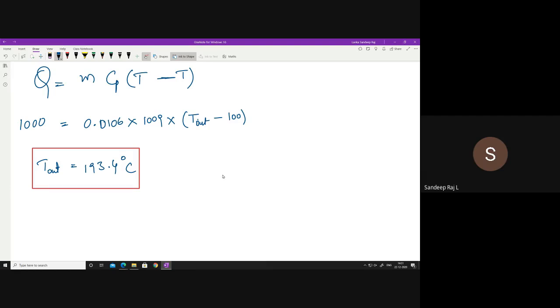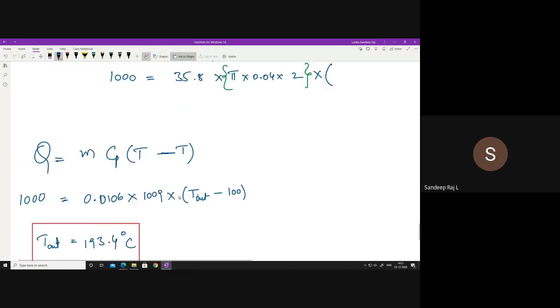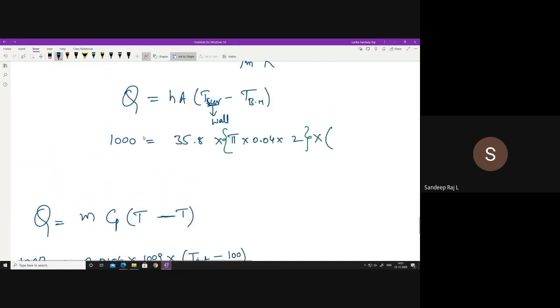Okay, and what else is asked in the question? Wall temperature of the tube at the outlet he is asking. Now you use this temperature. Since he is asking only at the outlet, you can take it as 193 itself.